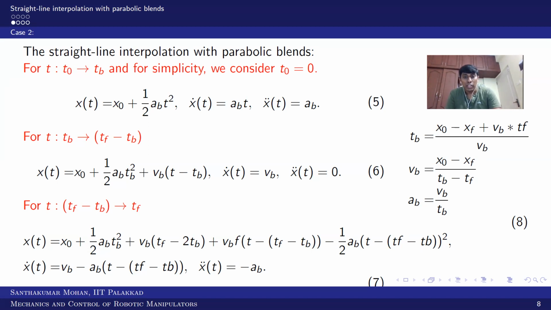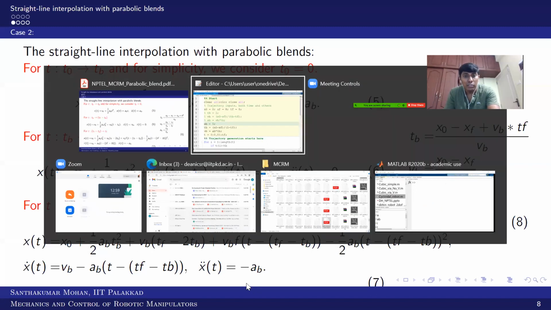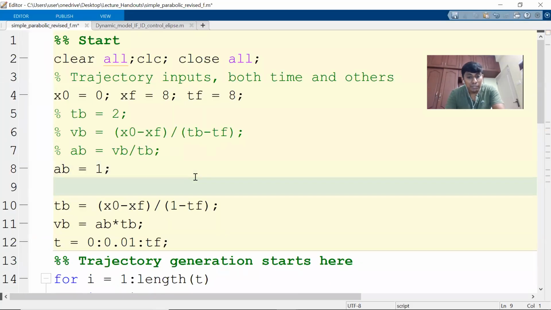And what we can do, I'll put it the other way around. So I'll make it, so the equation, so solve, I'll write roots. So I'll write TB1, roots of AB TB squared, comma, AB into TF, that is minus sign, and you have X naught minus XF, right?